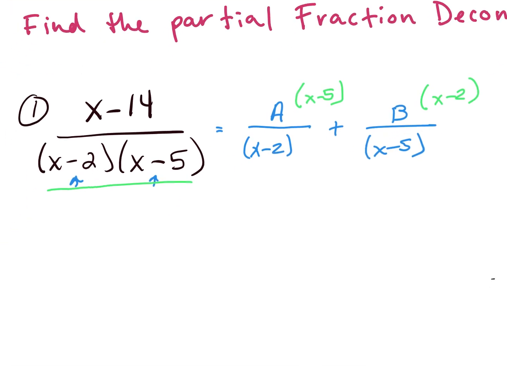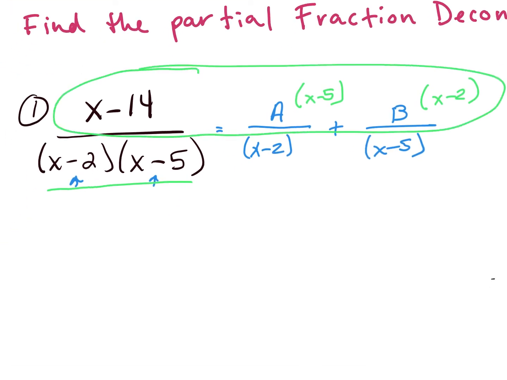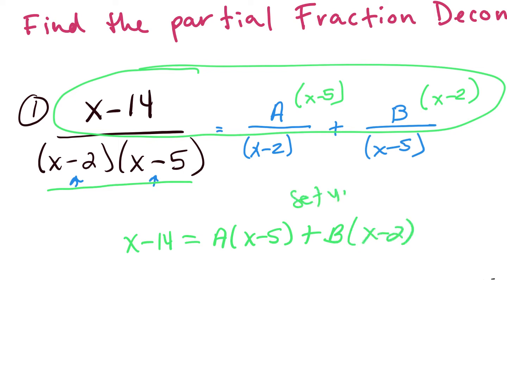So what we've done is we've set up an equation here where the left side is equal to the right-hand side. So your setup would be x minus 14 equals A times (x minus 5) plus B times (x minus 2). This is the setup. So on your quiz, you're going to have a couple questions that say set up, not solve, just set up. This would be your setup.